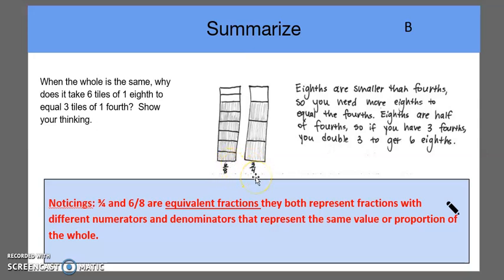Here we see 3/4. 3 pieces are shaded in out of 4 pieces, and here 6 pieces are shaded in out of 8 total pieces. This would be an example of equivalent fractions. Now we're ready to move on to summarize even further our learning.